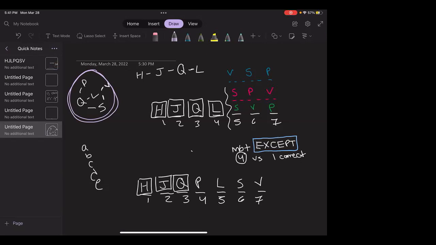So what that means is you can have a situation where L is 4, and then you have 5, 6, and 7 playing off of one another. But P, as long as it's after Q, and L is after Q, that means P could go in front of L in this situation.